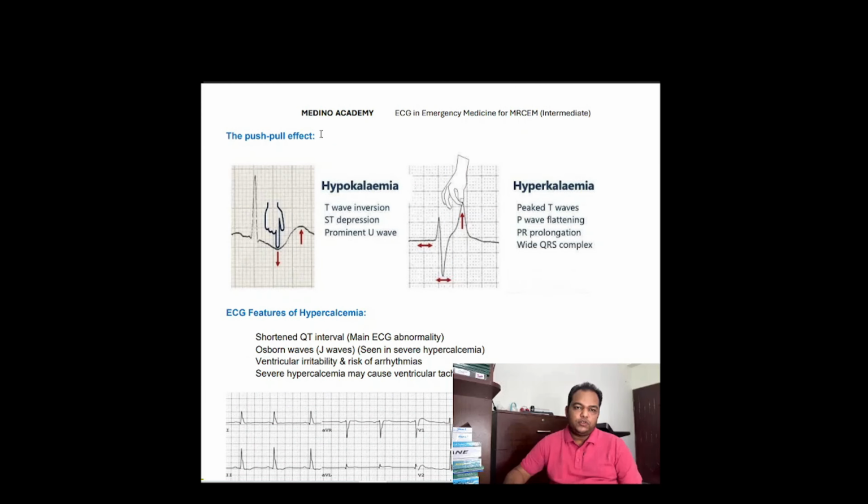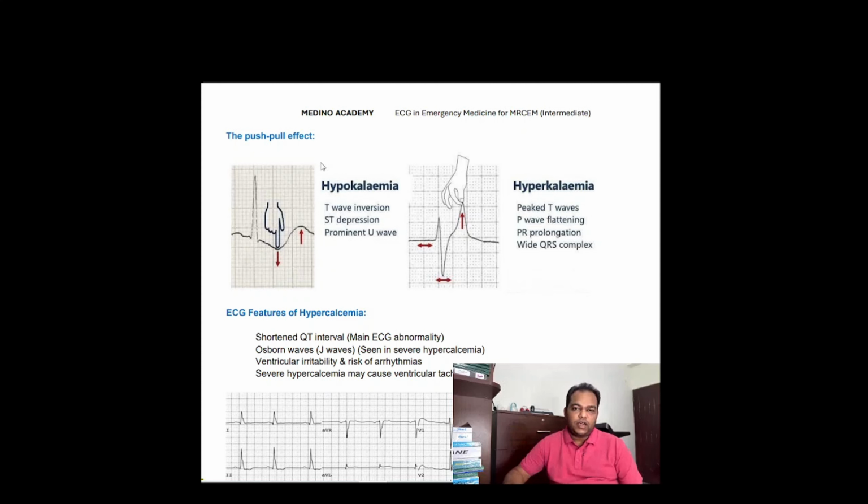This is the pull push effect, one type of mnemonic to memorize the findings of hyperkalemia and hypokalemia. These are the findings of hypokalemia: T wave inversion, prominent U wave, and ST depression.